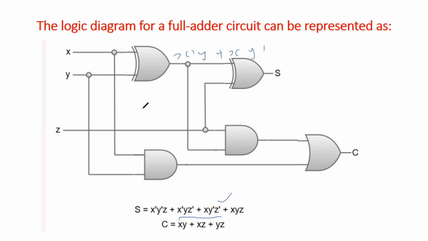So after every gate, you write down the function. Like suppose you take gates, you give the numbers 1, 2, 3, 4, 5. After every IC, you write what will be the equation that is coming.